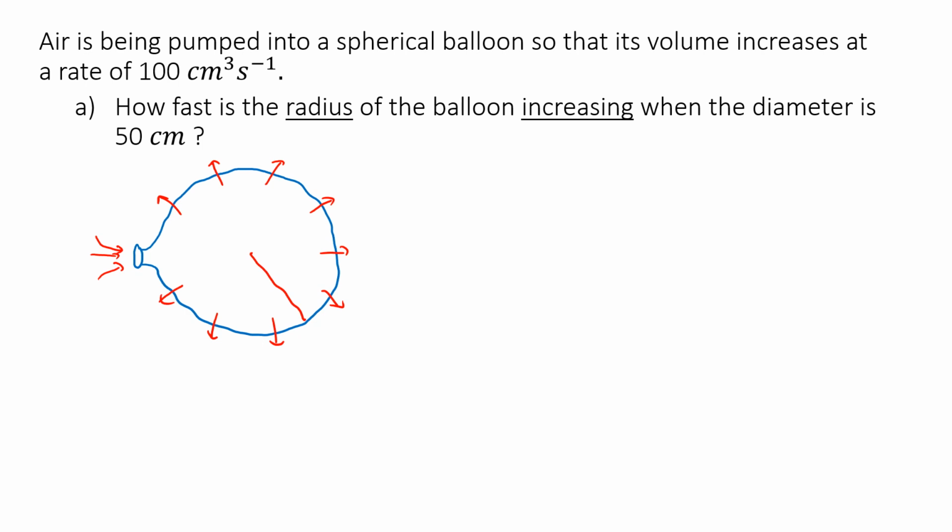So there are common variables that we can pick. So one common variable would be V. We're gonna pick V for the volume, and then we're gonna pick R for the radius. So we can write it down.